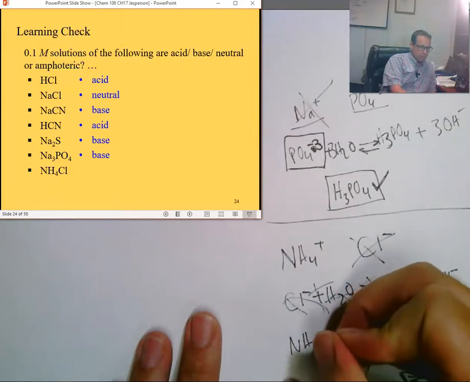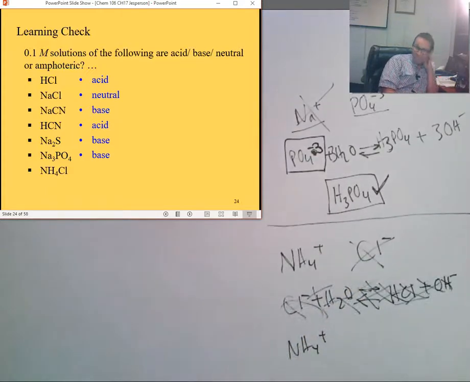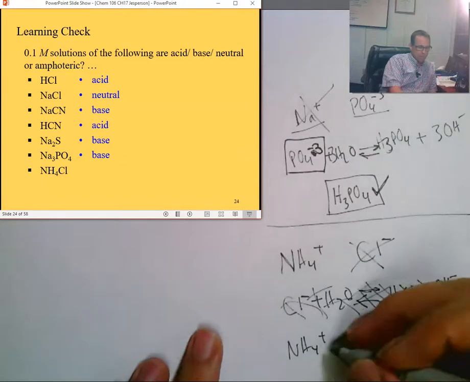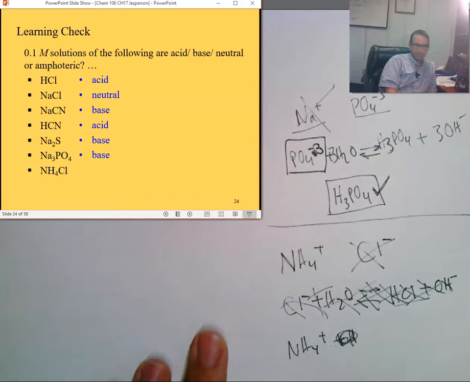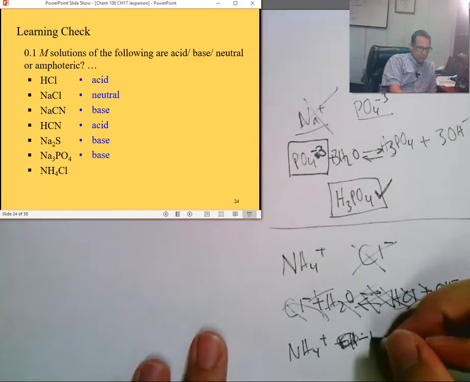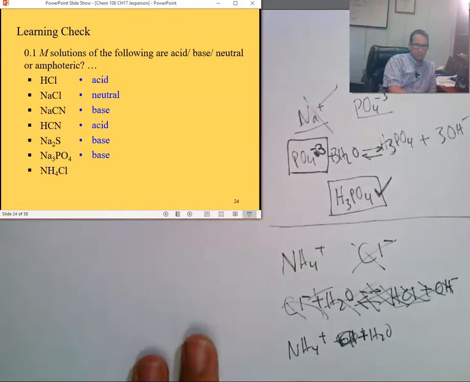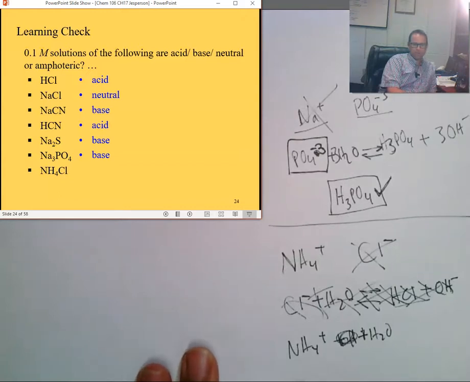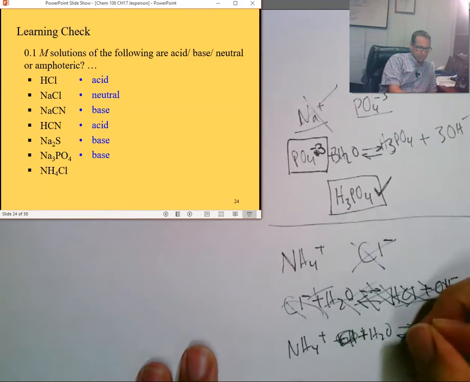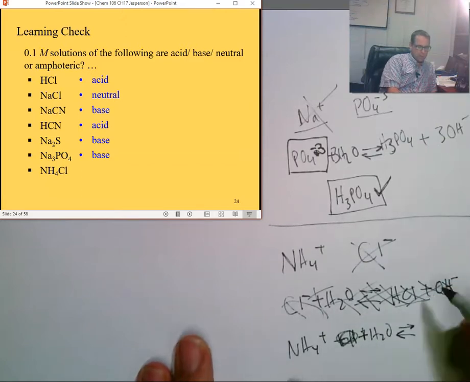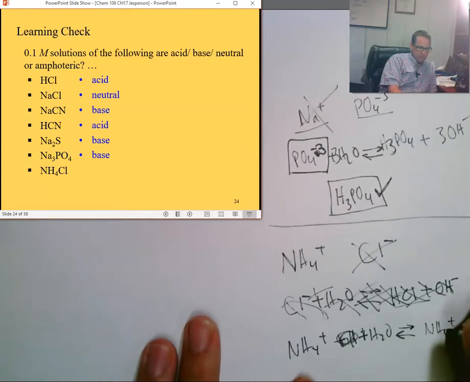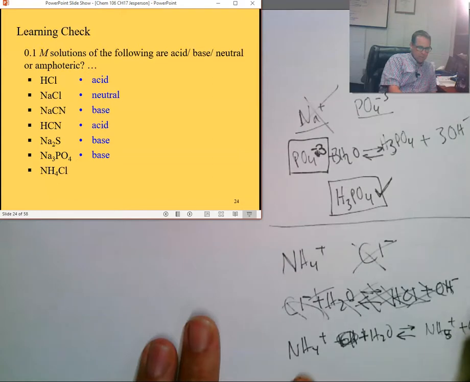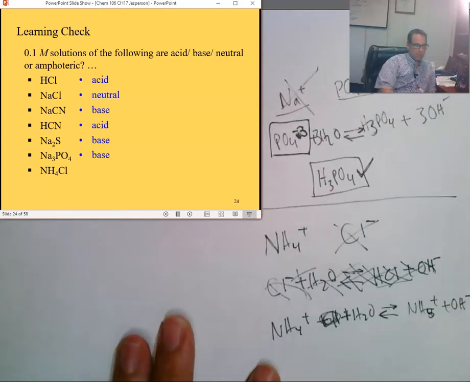Now, NH4+. What might it do with water? We could draw water in here if we didn't know what else to do. Let's go to NH5+ and OH-. That's a possibility. Okay, what about this though?